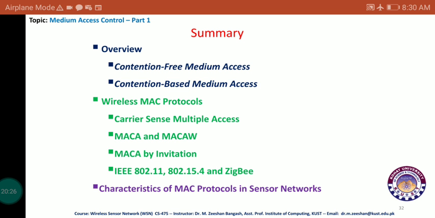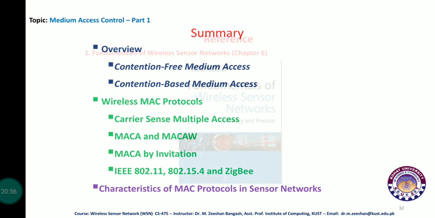Then we discussed Wi-Fi, which is the IEEE 802.11 standard, and IEEE 802.15.4 and Zigbee, which is for low powered, low communication devices. At the last we discussed the characteristics of MAC protocols, including adaptability, reliability, scalability, and latency issues, which are of key importance while designing a MAC protocol for wireless sensor networks.